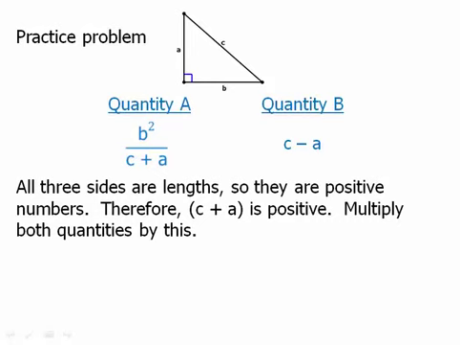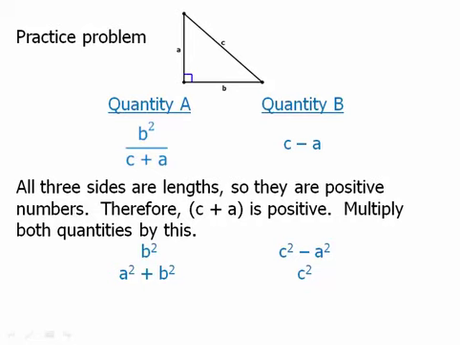So on the left, we just get B squared, and on the right, we get the difference of two squares pattern. C minus A times C plus A, and of course that's going to equal C squared minus A squared. Then, just to get everything positive, we'll add A squared to both columns, and then we get A squared plus B squared on the left and C squared on the right. Now remember, A and B are the legs of a right triangle.